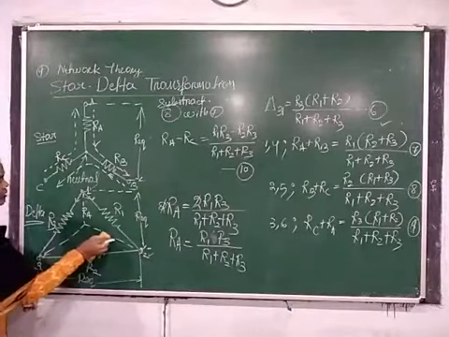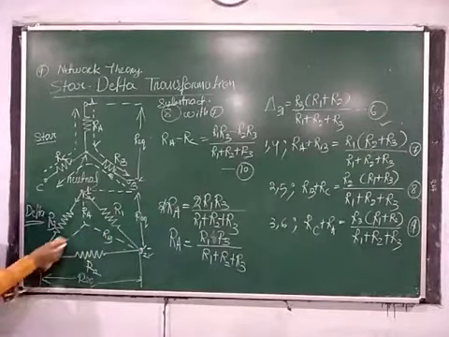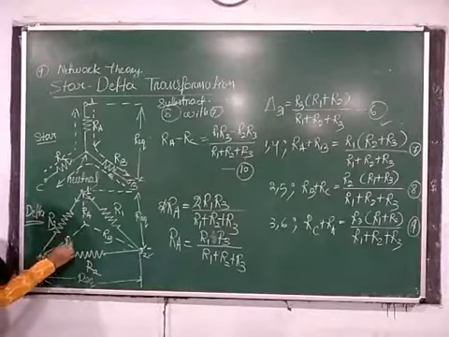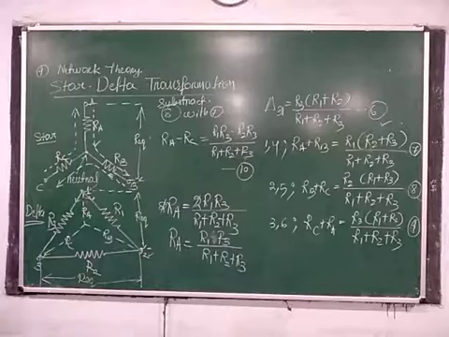Similarly, you find star resistance RB and RC with respect to delta resistances.